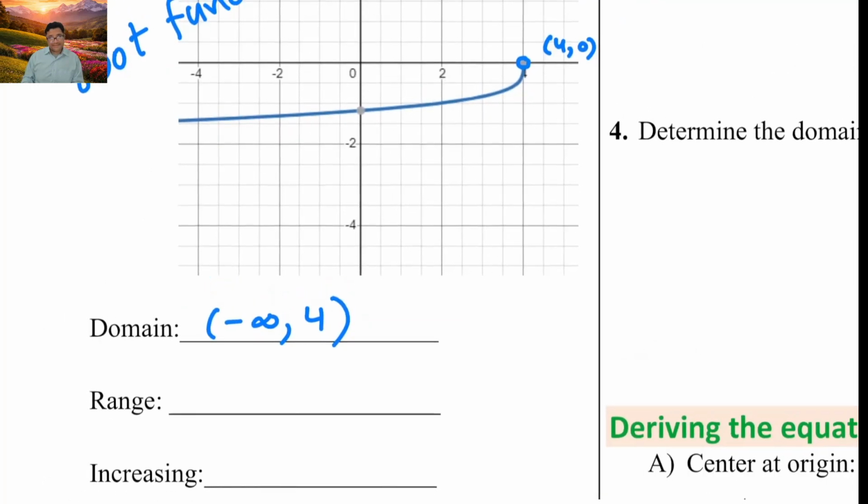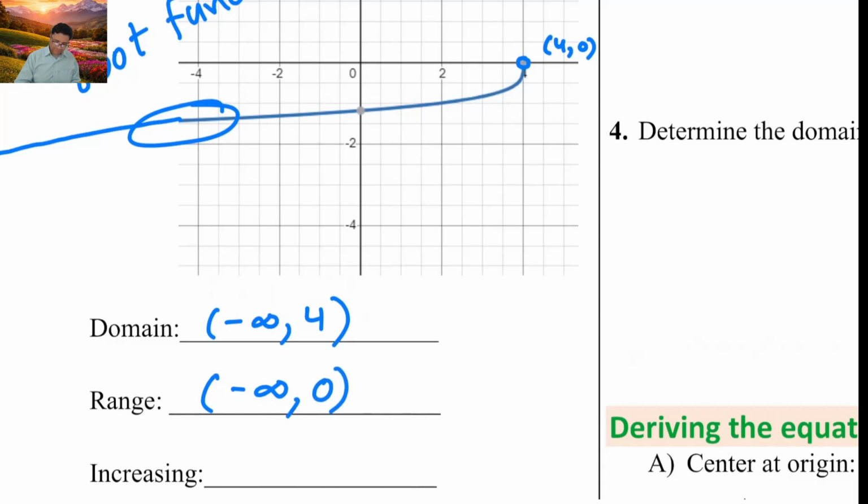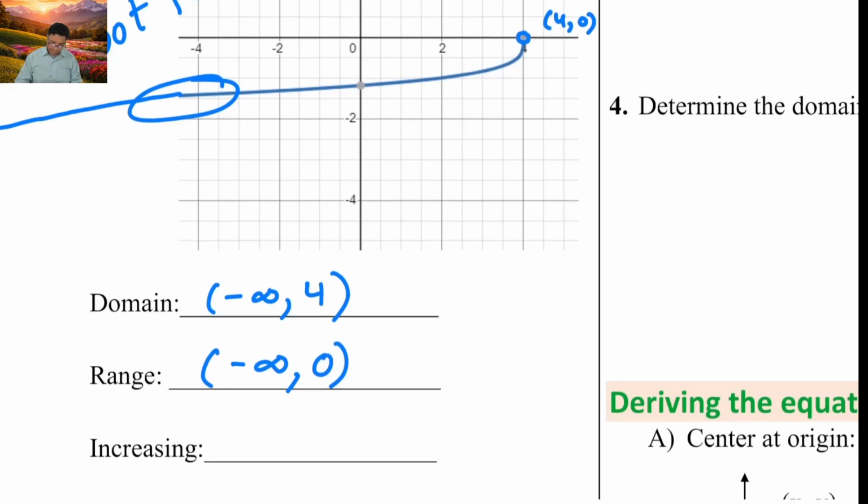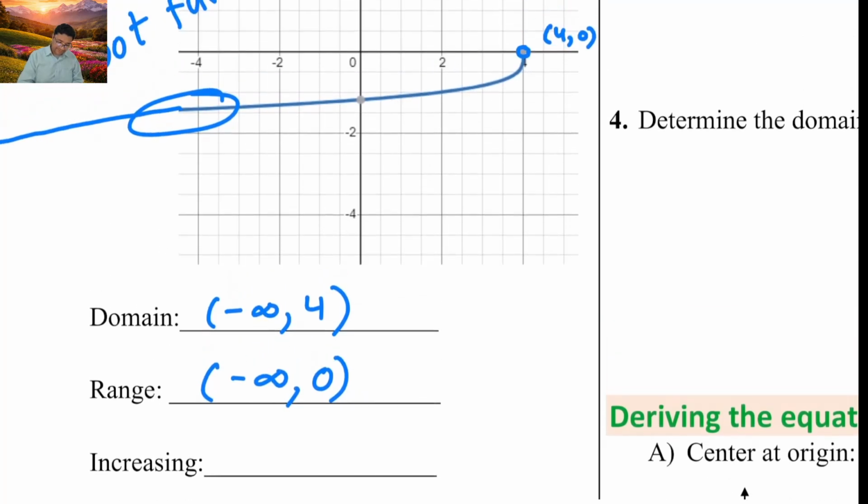And what's the range? Look at the y values. It's decreasing slowly, but it will go on decreasing. So all the way from negative infinity to 0, the y value. Now, increasing and decreasing, you always have to see from left to right.